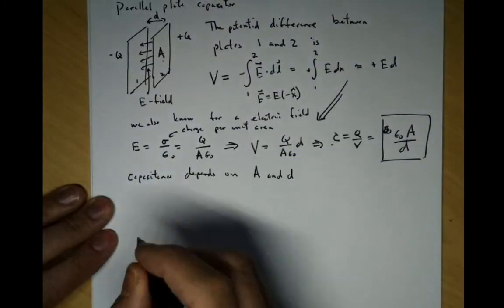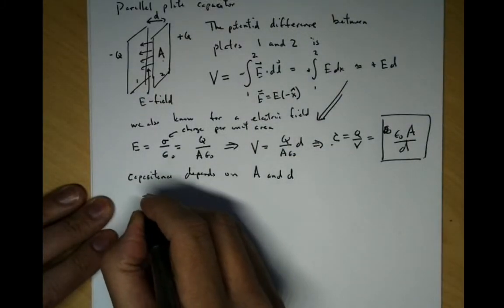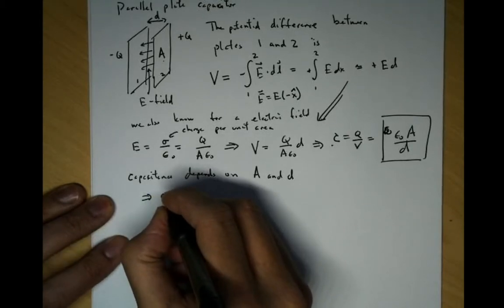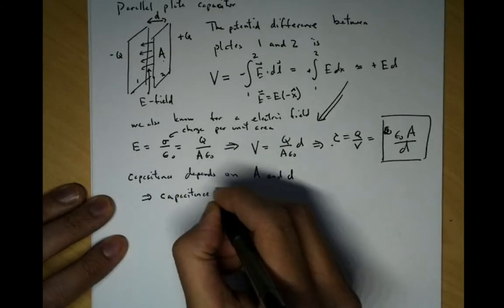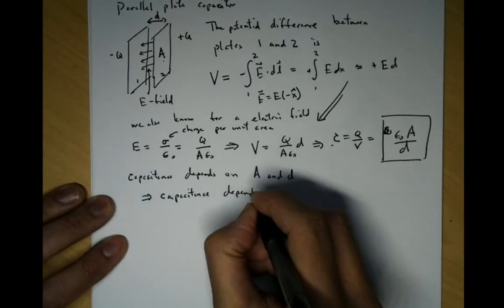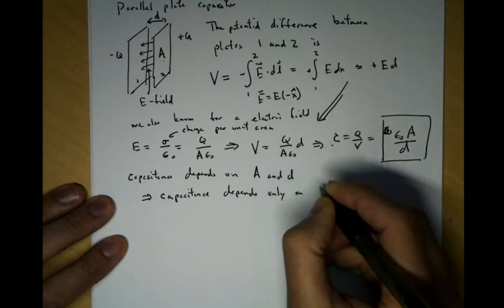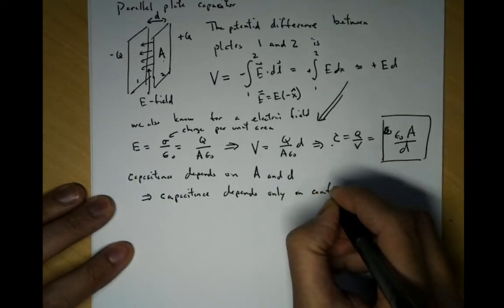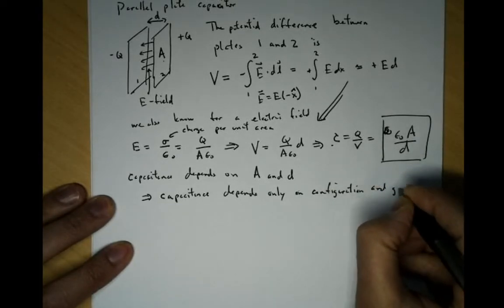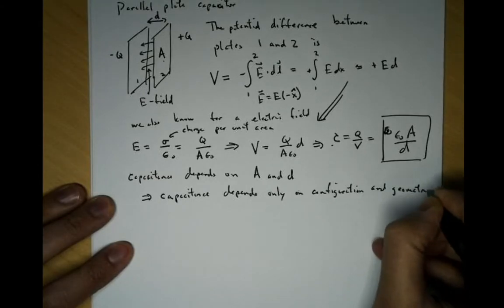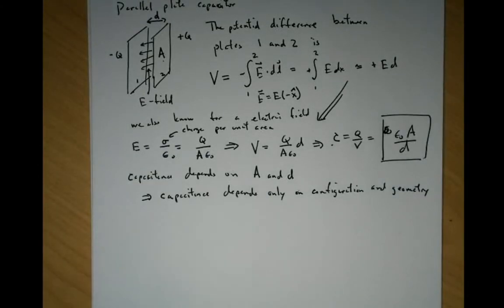So what this means is that capacitance depends only on configuration and geometry. That's all it depends on. And so the capacitance encodes the geometry of the object that we're going to study.